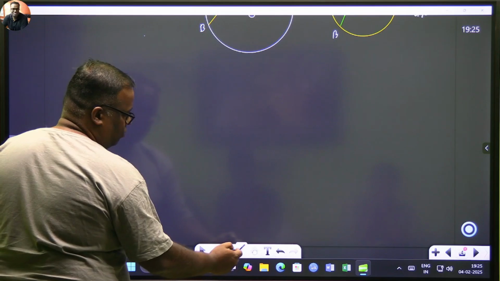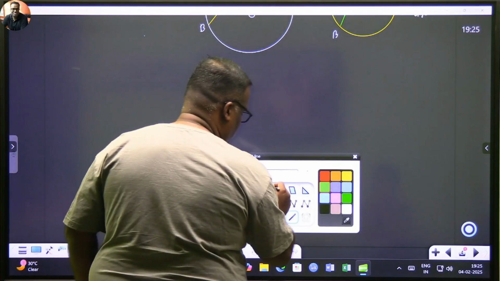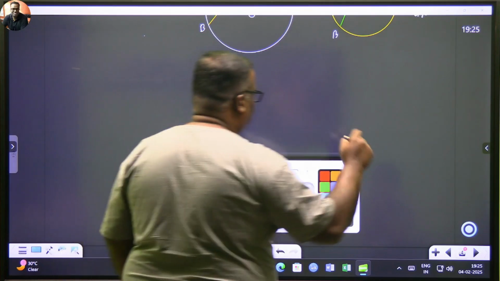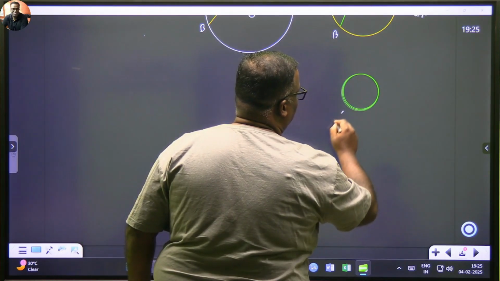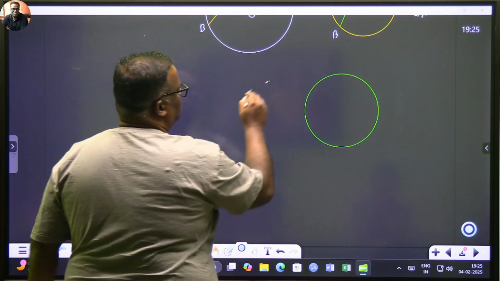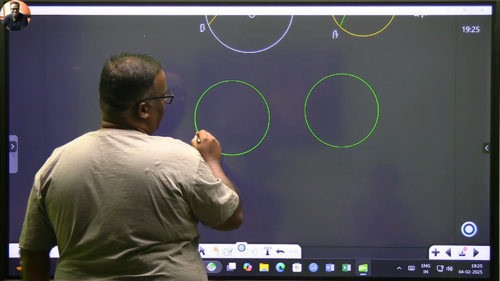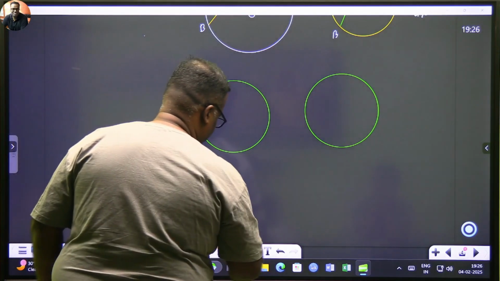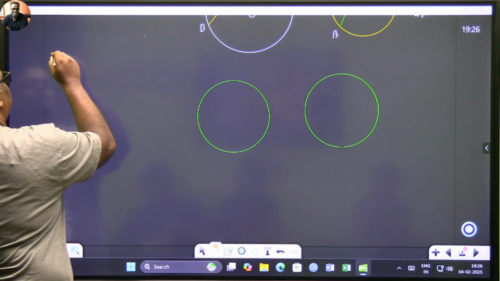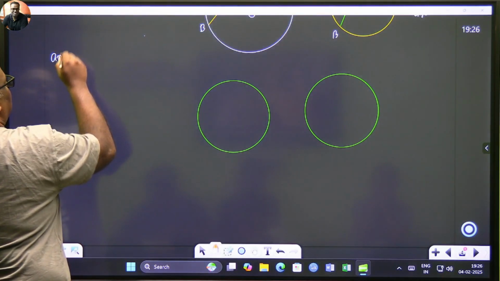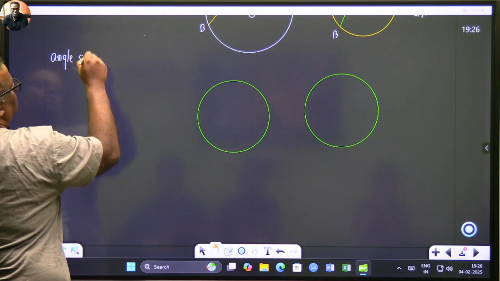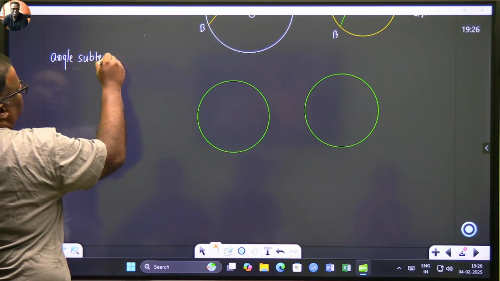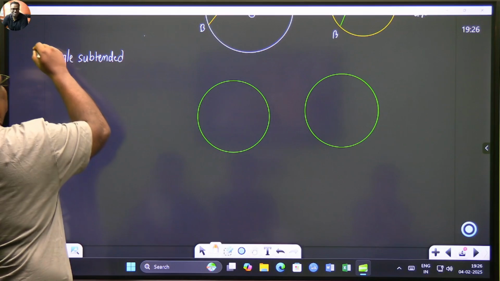Our next concept will be, so what all did we understand? We understood chord, we understood arc. Our next topic would be angle subtended. Now this is the most critical one which children have slight issues with.